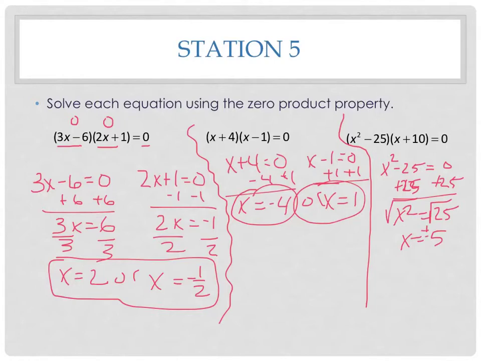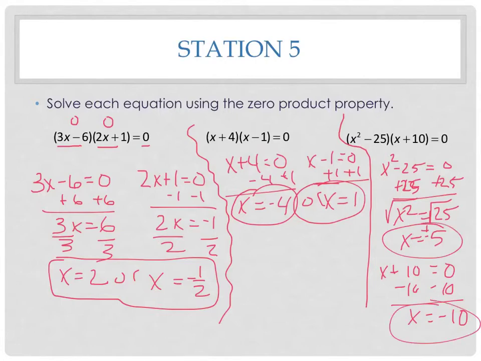And then the other one, we have x plus 10 is equal to 0. Subtract 10 from both sides. X would equal negative 10. So any of those would work out. Here we found that we would have 3 as a solution versus 2. So that's using the zero product property.